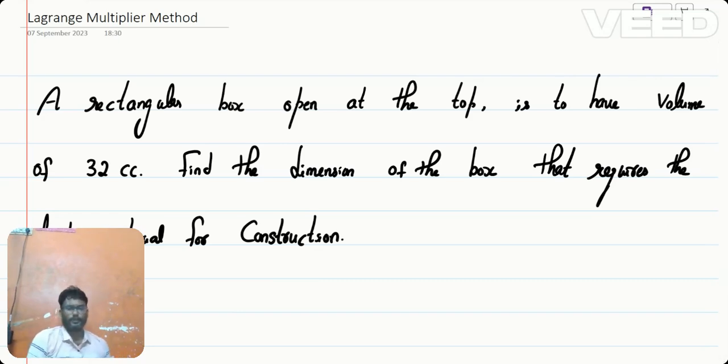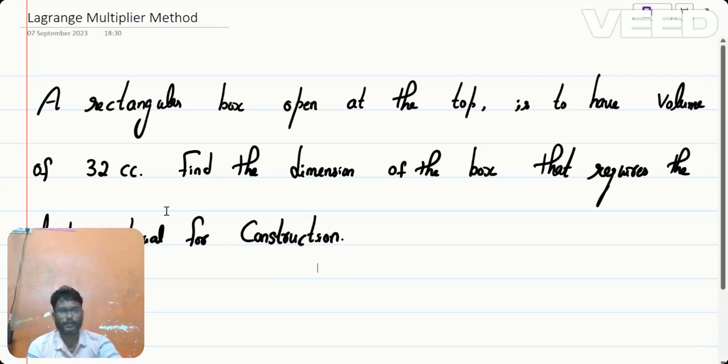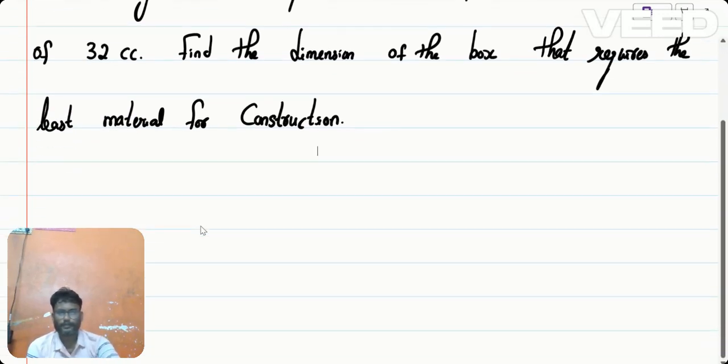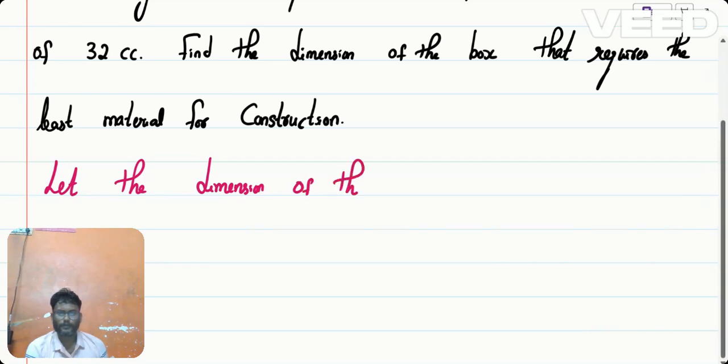So here we want to minimize the surface area. Let the dimensions of the box be x, y and z.